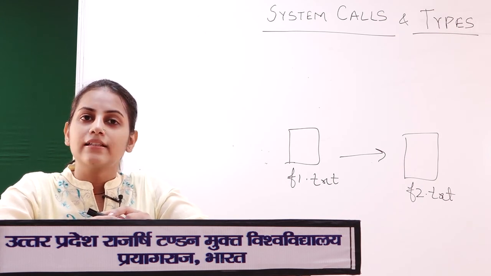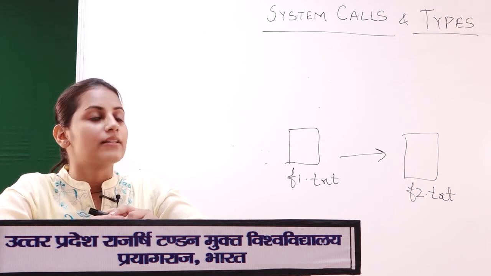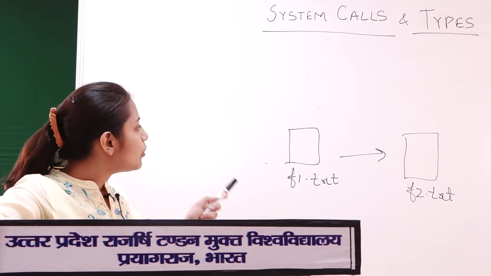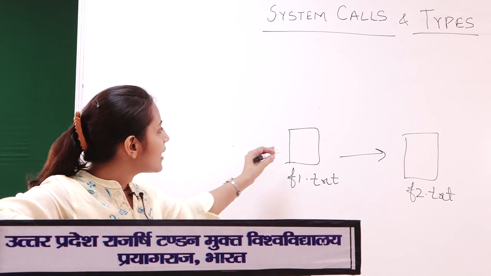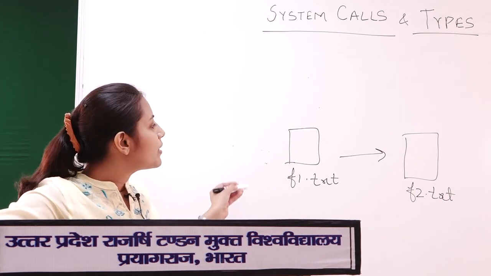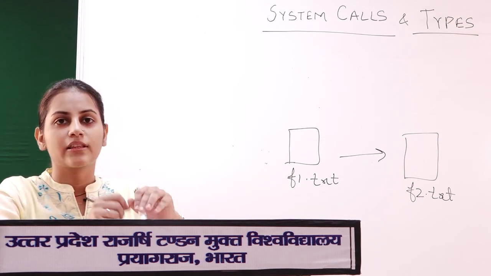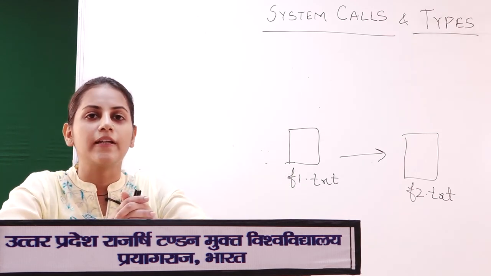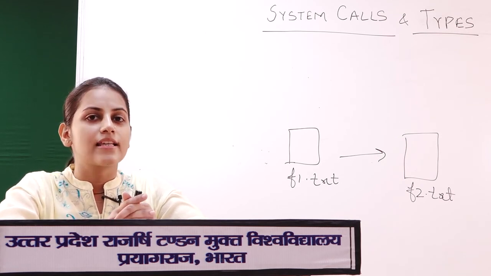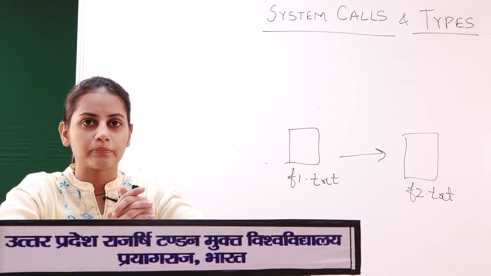Once you have created the new file and opened the first file, there would be a loop, and through this, every time a character from file 1 would be read and written to the other file. This process would continue until we reach the end of the first file. This again requires system calls at every step.